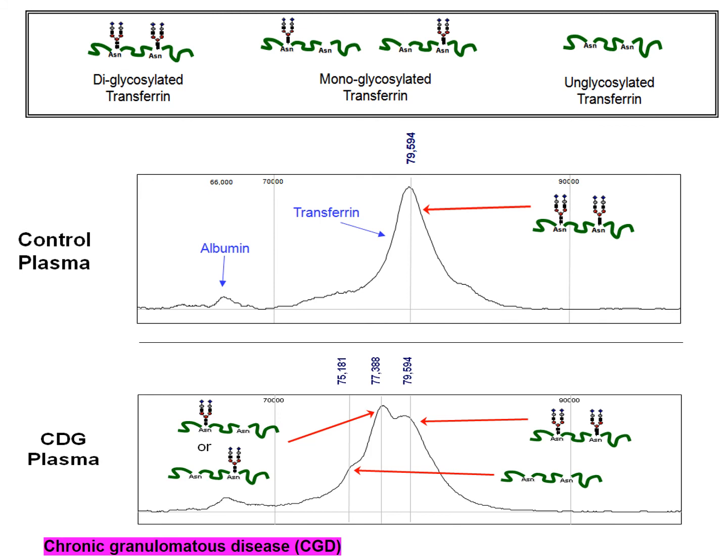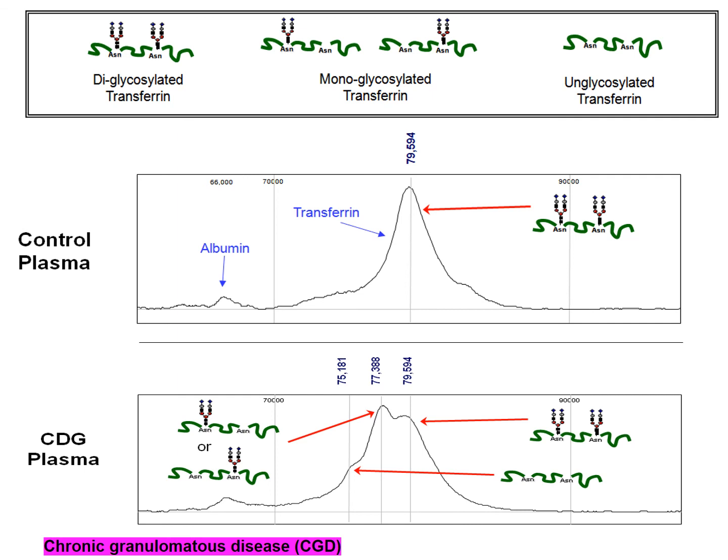It turns out that in normal patients, in our control plasma, when they do this and look at transferrin, all our transferrin molecules have 2 carbohydrates attached. That's called diglycosylated transferrin. However, they have found mono- and unglycosylated forms in this disease.